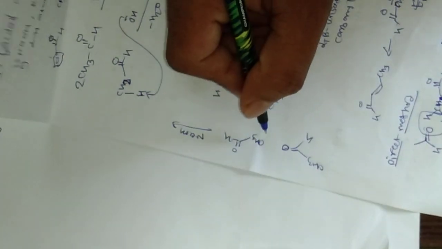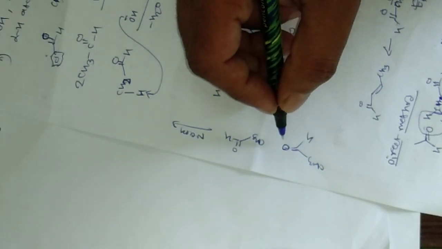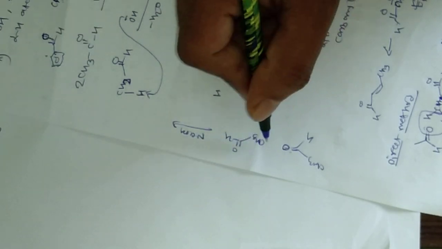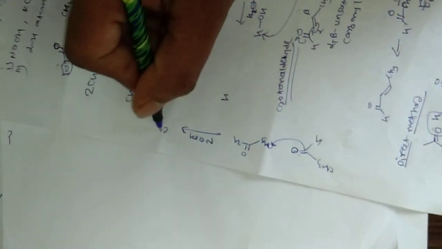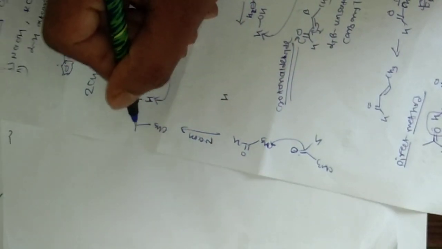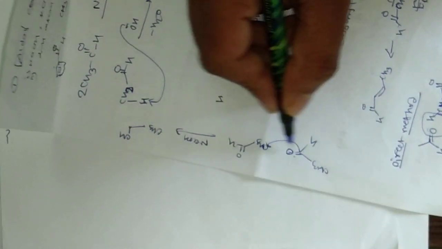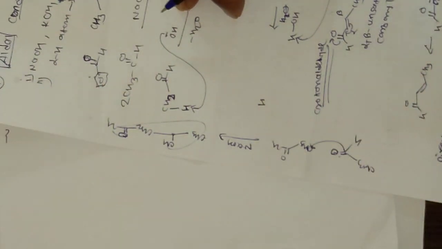Only one hydrogen atom is transferred to this OH, and a bond is formed between this carbon and this carbon. So CH3 and here OH will be formed, and this carbon makes a bond with that carbon. So CH2 C double bond OH. This will be your product if heat or delta is not given in the question.